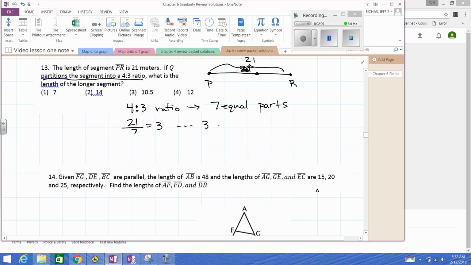So that tells me 3 each. So 4 of those 3's is 12. 3 of those 3's is 9. Notice 12 and 9 add up to 21. So there's 12 and 9, 12 from here to here. So what's the length of the longer segment? We got 12.